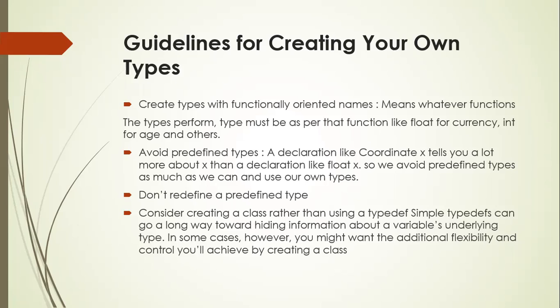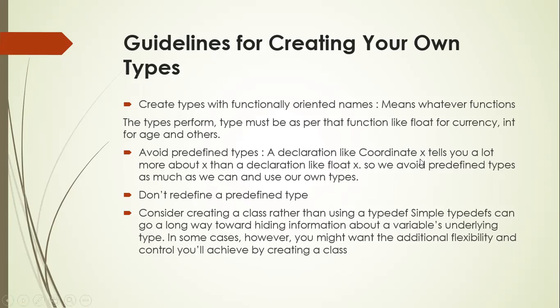Another guideline is to avoid predefined types. A declaration like coordinate x tells you a lot more about x than a declaration like float x. So we avoid predefined types as much as we can and use our own types. With coordinate x, it is much clearer that x is going to be a coordinate which will have a float value.